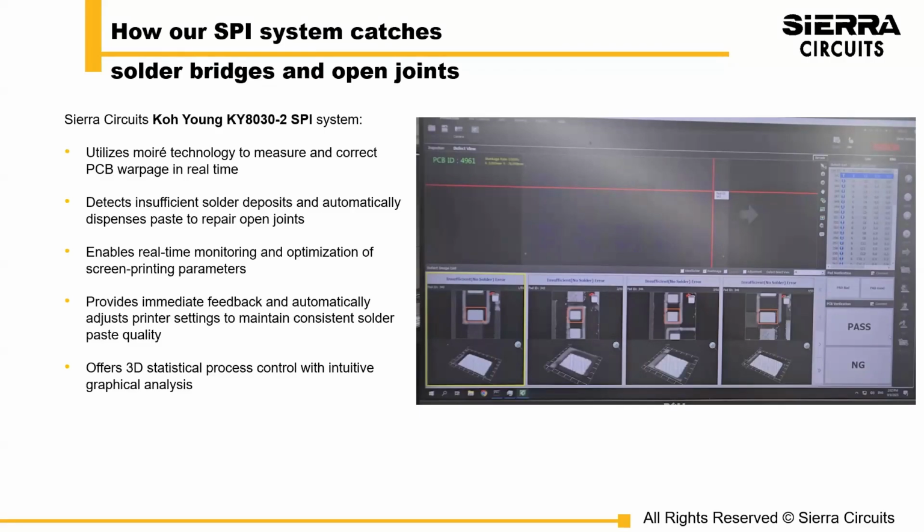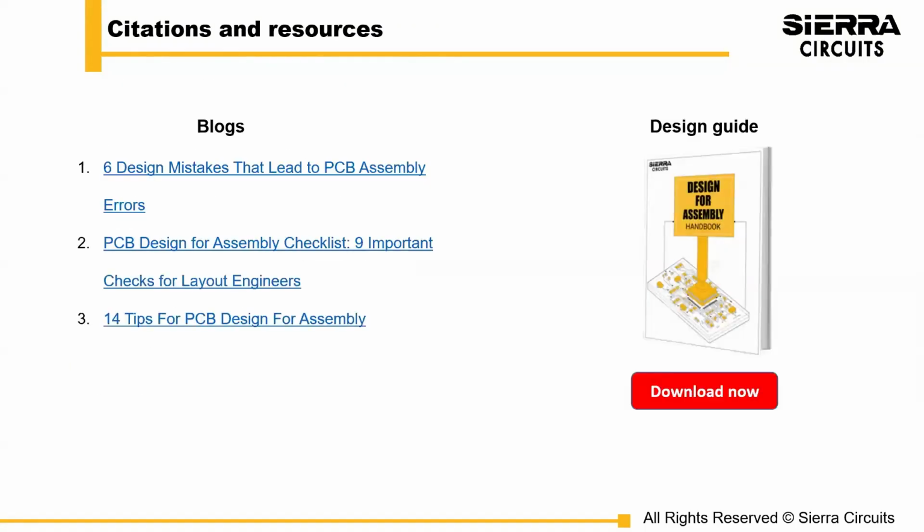It enables real-time monitoring and optimization of screen printing parameters. It also provides immediate feedback and automatically adjusts printer settings to maintain consistent solder paste quality. Moreover, the inspection facility offers 3D statistical process control with intuitive graphical analysis.